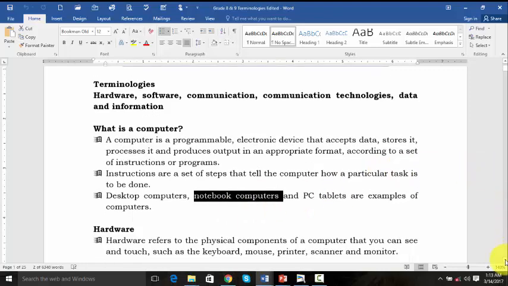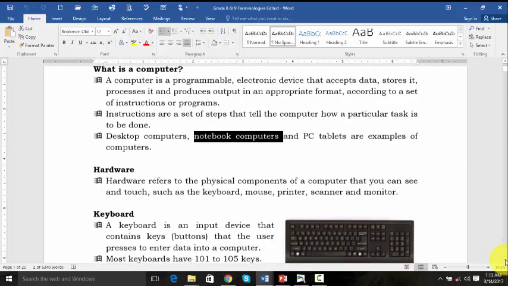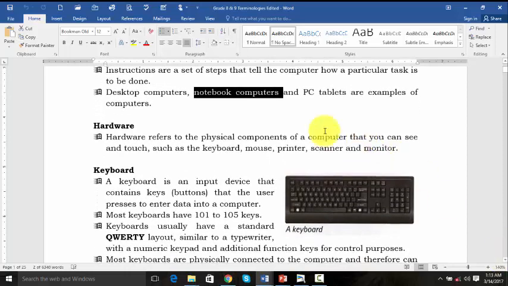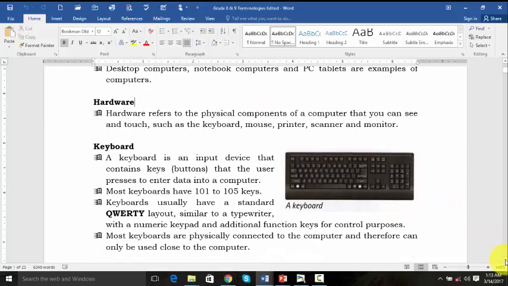Okay, thank you. After discussing what a computer is, we are now going to look at one of the major components of the computer. Remember, there are two components of a computer, that is the software and the hardware. So now we are going to look at first the hardware.